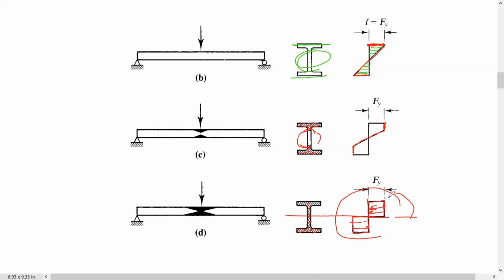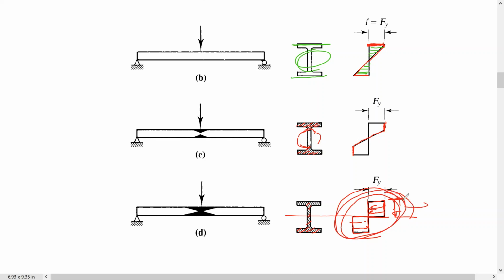So it will start from the extreme fiber towards the neutral axis. Once we get to this point, that means the cross section is entirely yielded and plastic. If you increase any load, you will get a collapse.